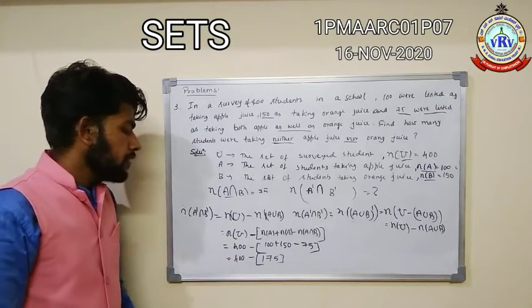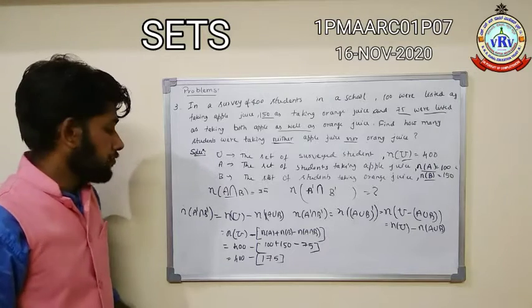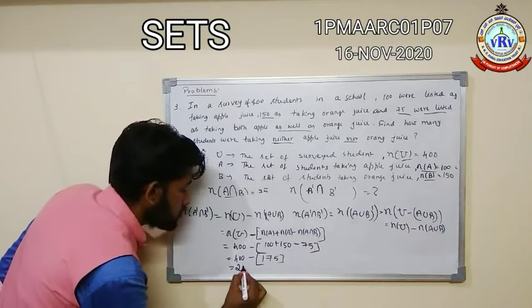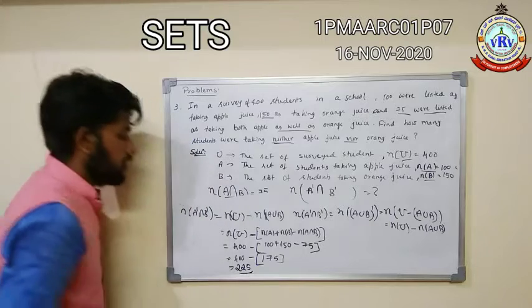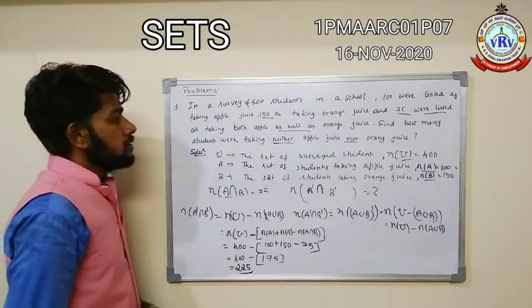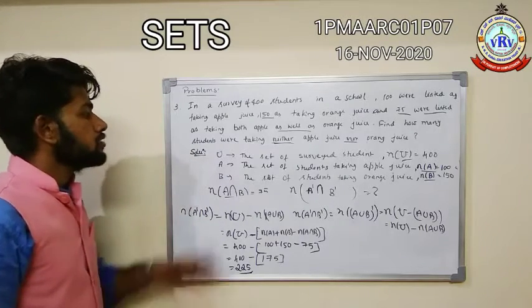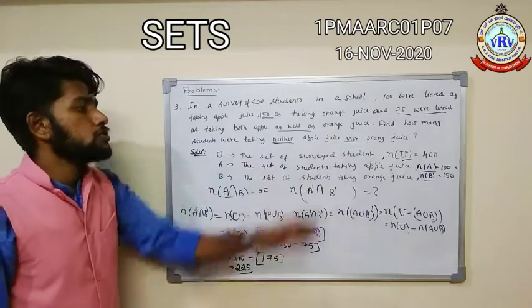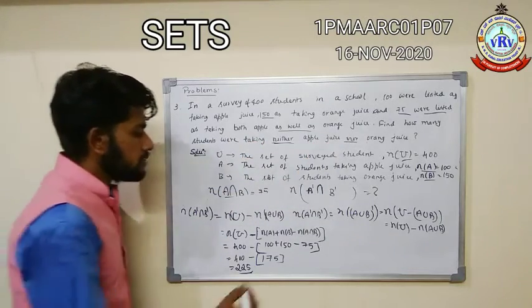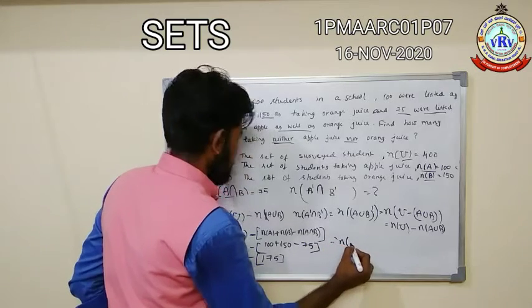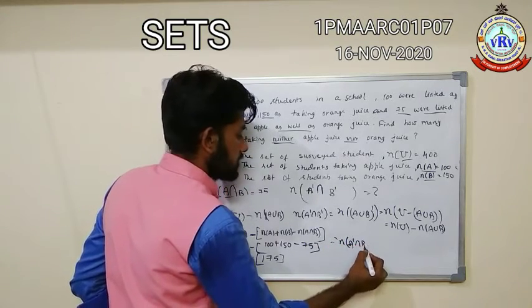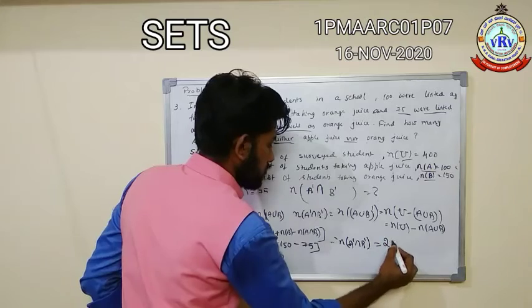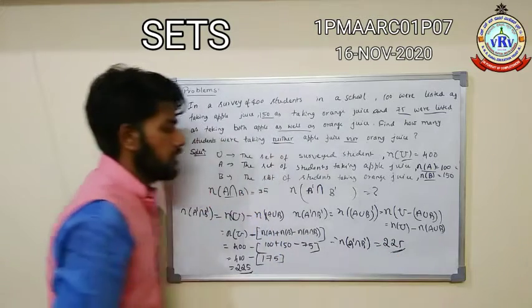So 400 minus 175 is equal to 225. Therefore, 225 students have taken neither apple juice nor orange juice. This is our required answer. A dash intersection B dash is equal to 225.